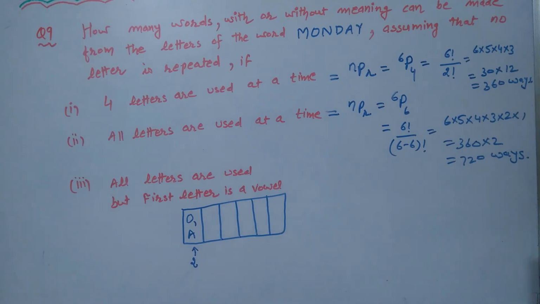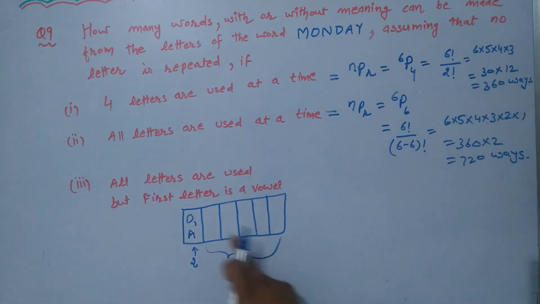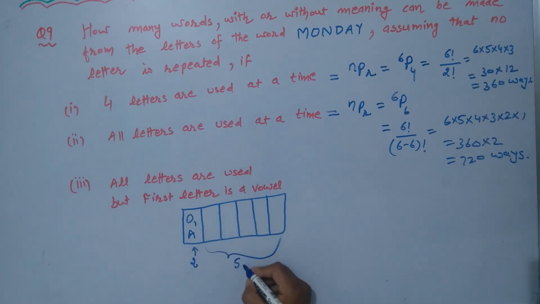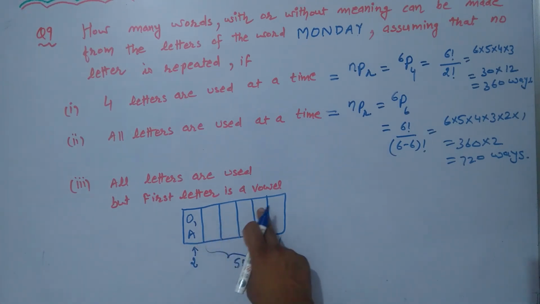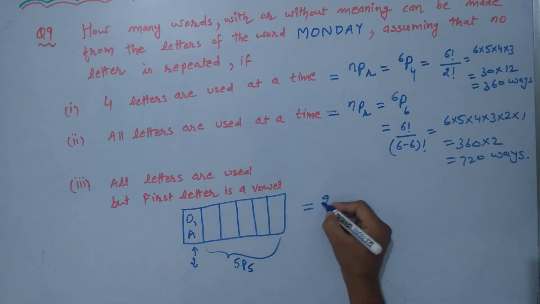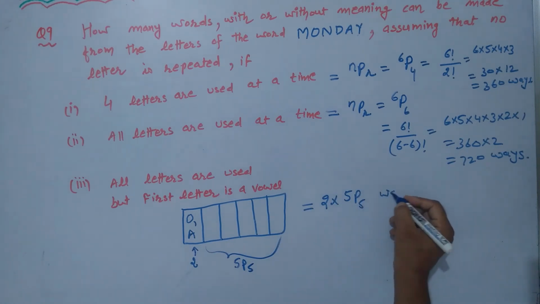Now we are left with these places: 1, 2, 3, 4, 5. 5P5: 5 letters are remaining and 5 places are there to enter. So this is equal to 2 into 5P5 ways.